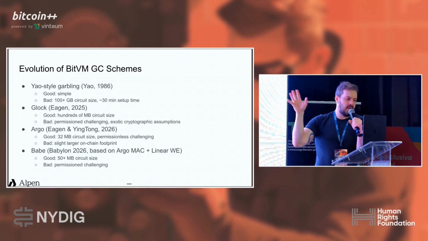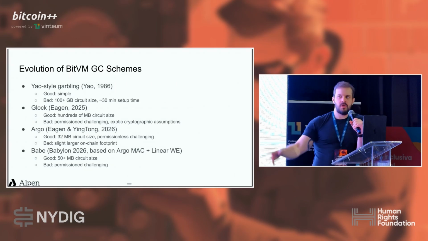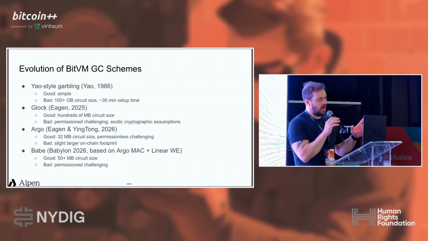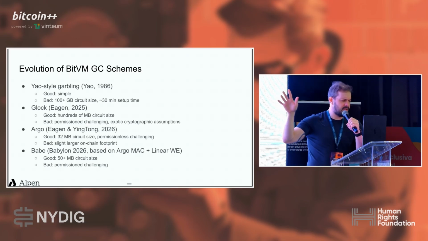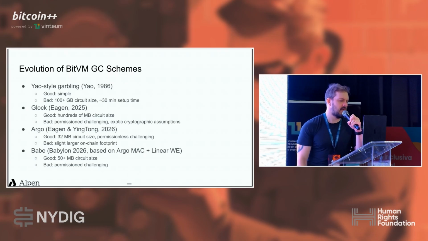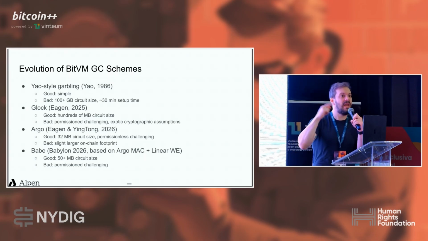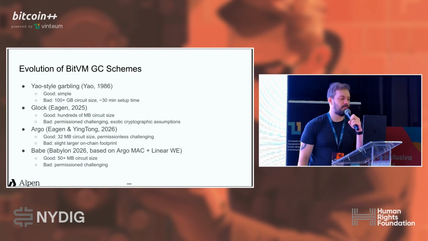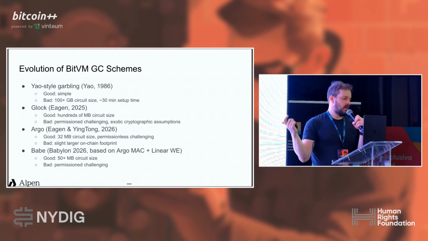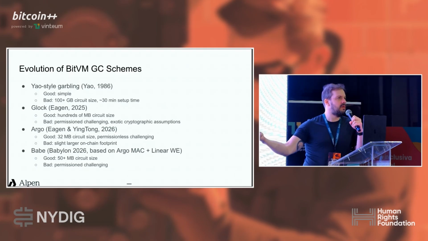Egan, Liam, and Yingtong, who used to work at the Zcash protocol and also at the Ethereum Foundation on the ZKID stuff, claim that it is good: we have a 32 megabyte circuit size, and you have permissionless challenging, so anyone can challenge. We do have a slightly larger on-chain footprint. And finally we have a new one from Babylon, called BABE, which is based on Argo MAC and linear witness encryption.